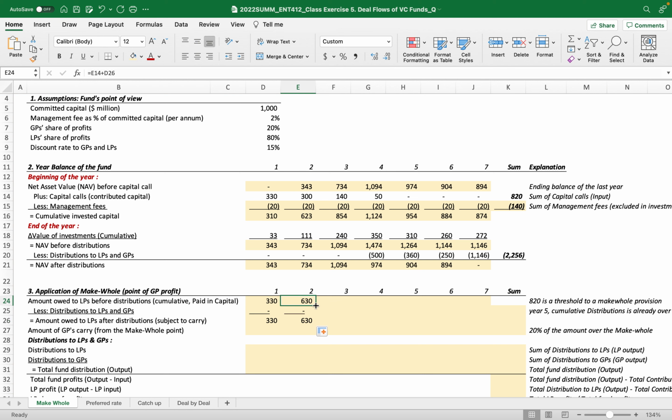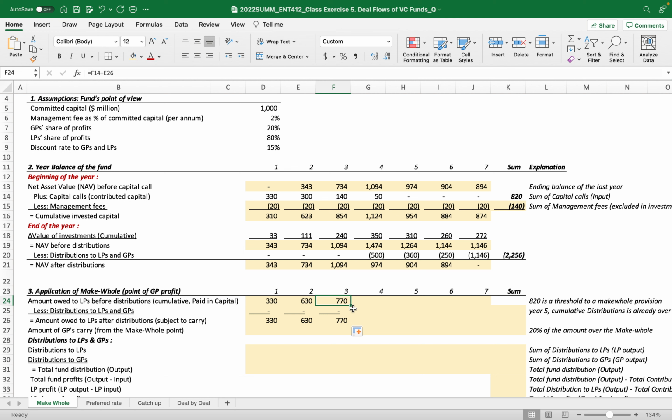The same way, I'm going to drag. 770, right? 630 increased by 140, the third capital cost. And then this fund owes to distribute to the LPs and GPs, right?